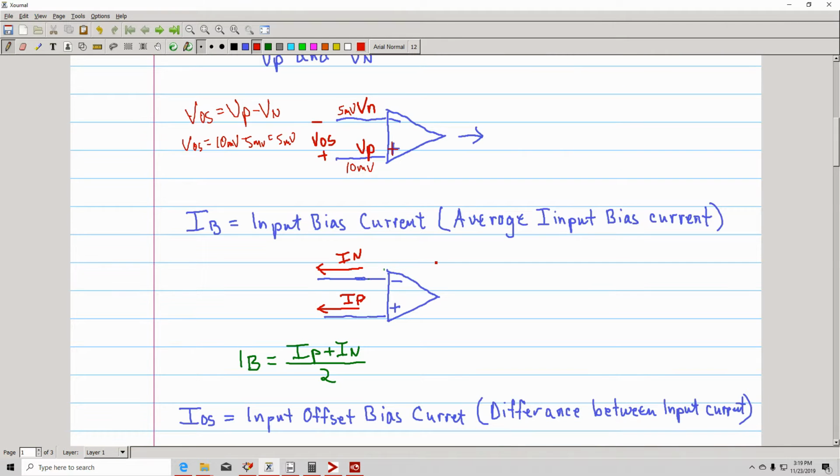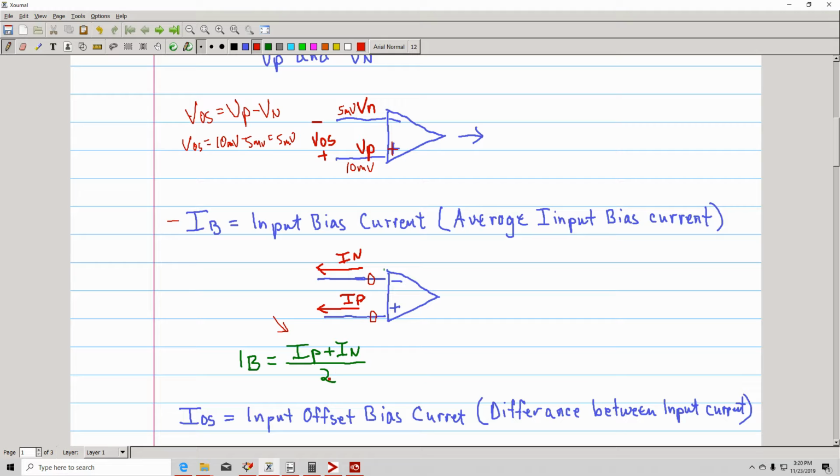The second is your input bias current, which is IB, and that's fairly simple. It's basically the average input bias current. You can put a current probe around the non-inverting and the inverting inputs and take a measurement. You measure I sub n, and then you take I sub p. So you have two measurements, and you put them in this equation.